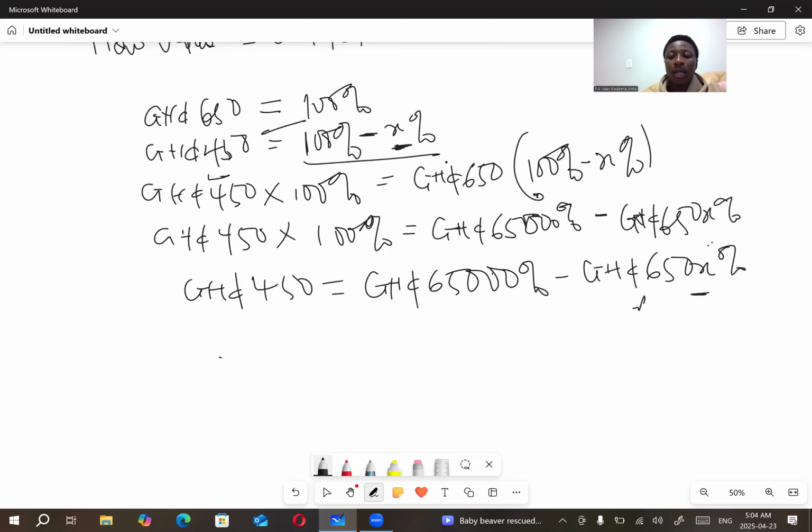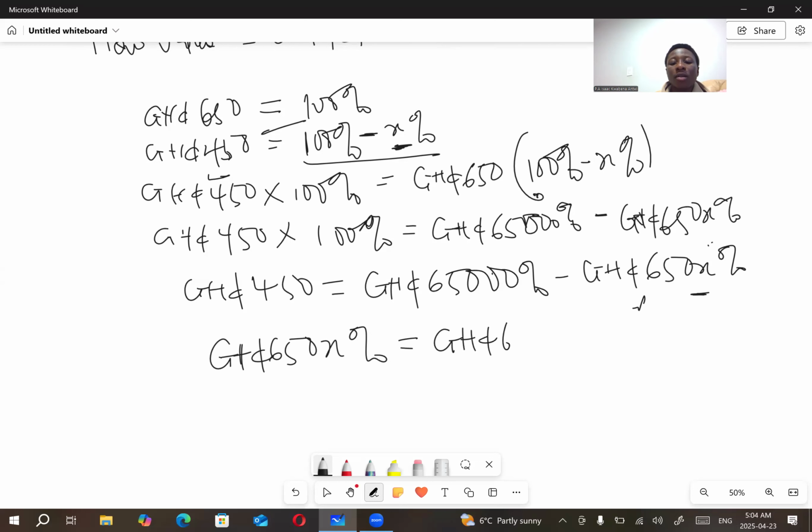So it's negative, so if I bring the 450 over, it's going to be 650x in percent. We maintain the 65,000 right there and transfer the 450 to the other side. That'll be minus 450 Ghana cedis, isn't it? Now, you see, it's looking a bit easier.